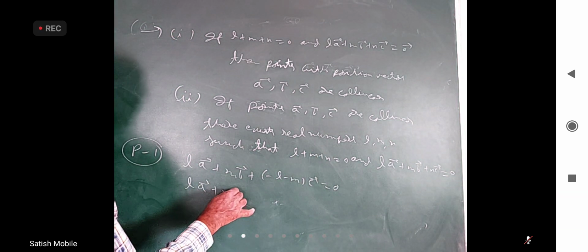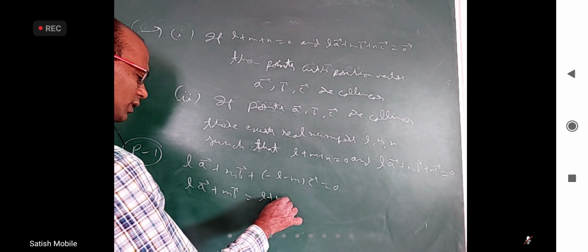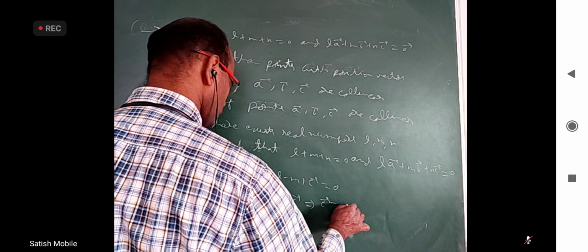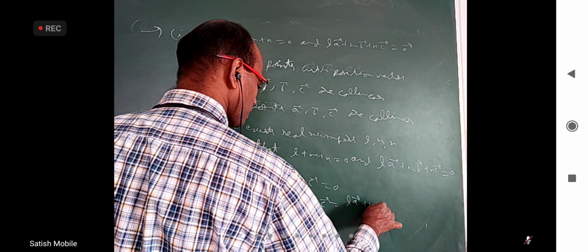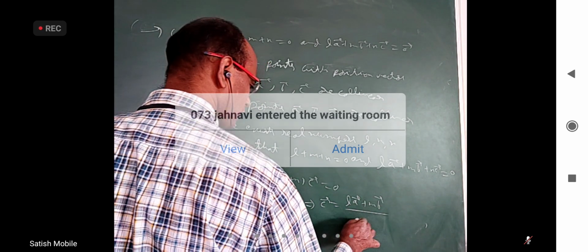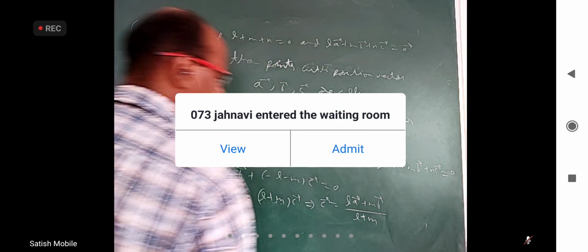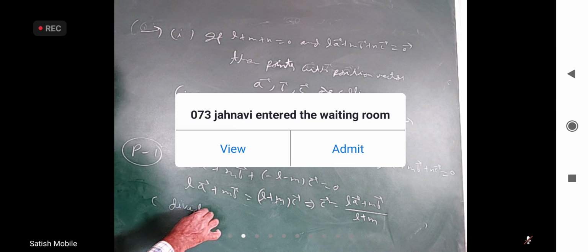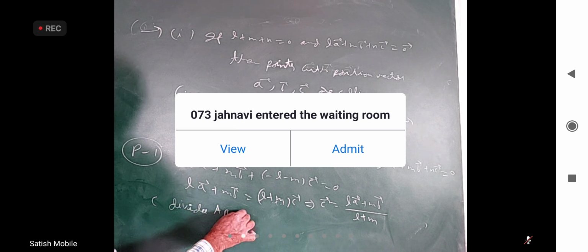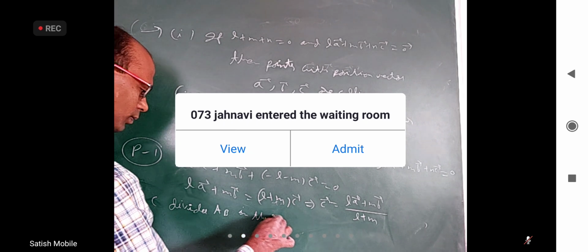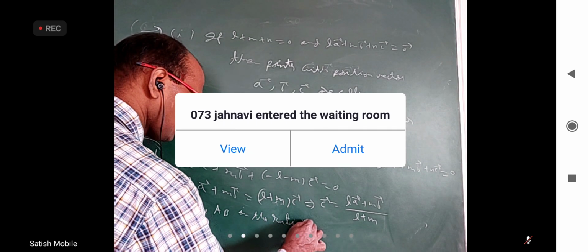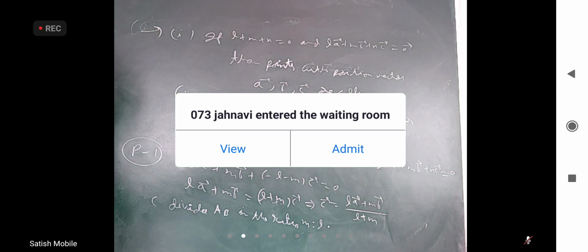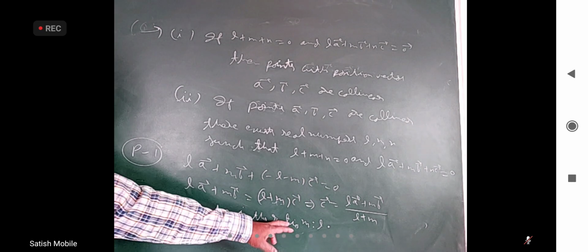LA bar plus MB bar equal to L plus M into C bar, that is C bar is equal to LA bar plus MB bar by L plus M. Okay, so C divides AB in the ratio M is to L. So not only we proved collinear, we are able to find the ratio.